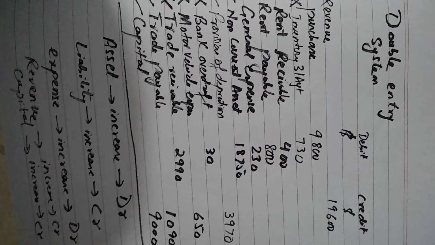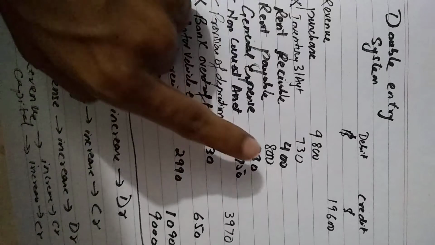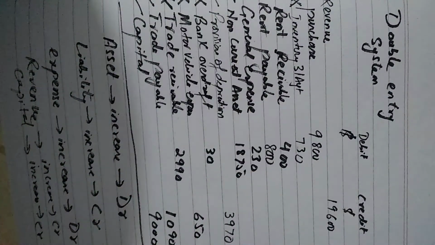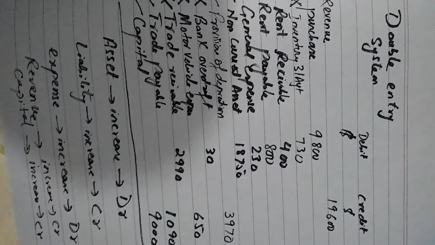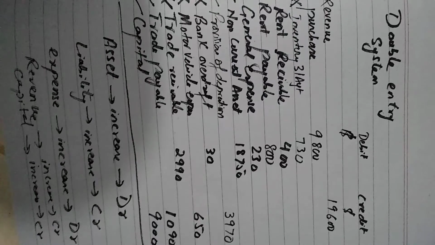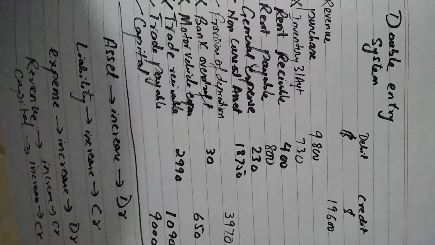Opening inventory is 870, so you write 870 over here, not 730. Closing inventory is not written in the trial balance.